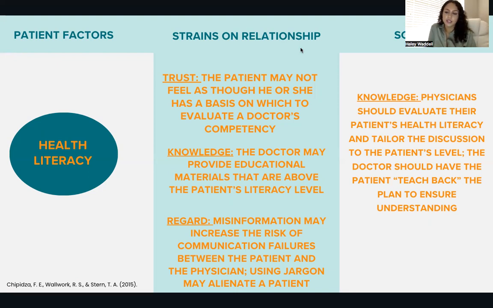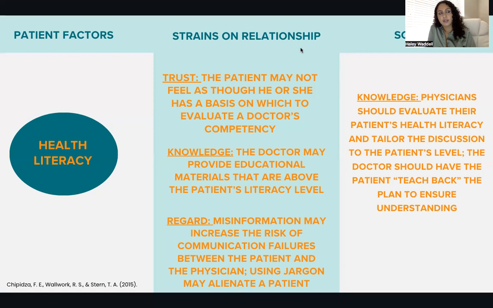So, some solutions to this barrier. Physicians or providers should evaluate their patient's health literacy and tailor the discussion to the patient's level. The doctor should have the patient do the teach back method to ensure understanding. This should be addressed early in the relationship.